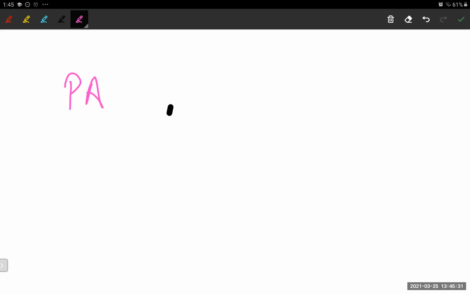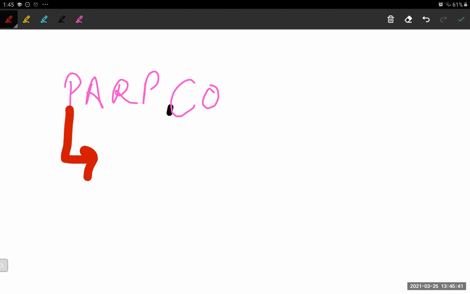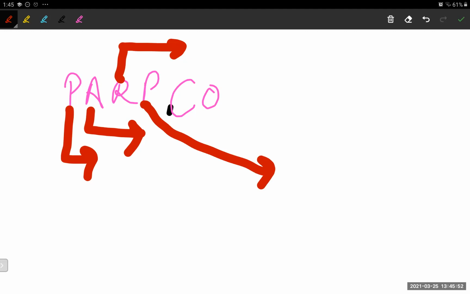First of all, write PARPCO. What does this stand for? P stands for principle, A stands for apparatus, R stands for reactants, P stands for procedure, and C stands for collection.